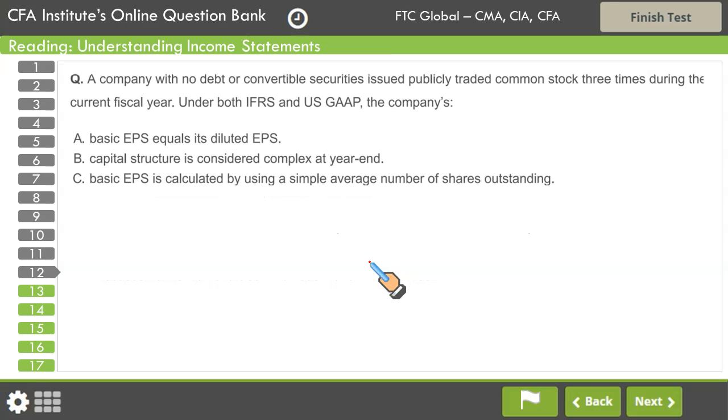Next. A company with no debt or convertible securities issued publicly traded common stock 3 times during the current fiscal year. So there is no convertible debt or any convertible security, meaning preferred stock.